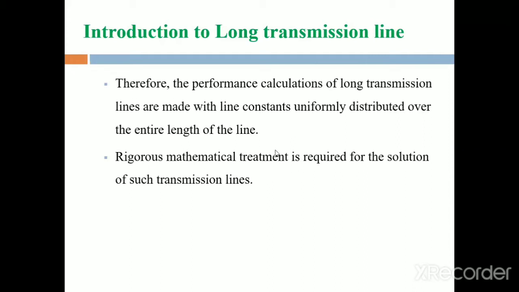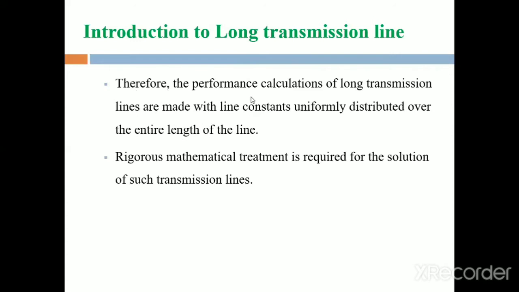By using this rigorous mathematical treatment we solve for the resistance, inductance and conductance in the form of uniformly distributed parameters in the case of long transmission lines. That is the main reason for considering uniformly distributed parameters in long transmission lines.